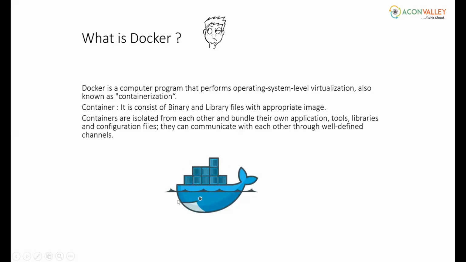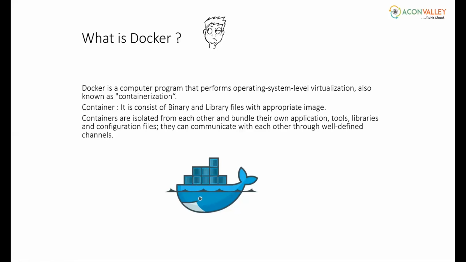That means these blocks are the containers which are on the whale, which swims on the ocean and delivers to your doorstep smoothly. Such a big animal, overloaded with containers, but it swims smoothly.